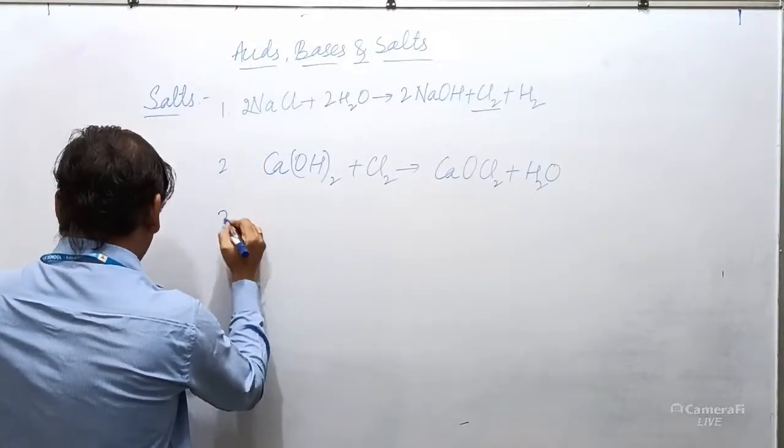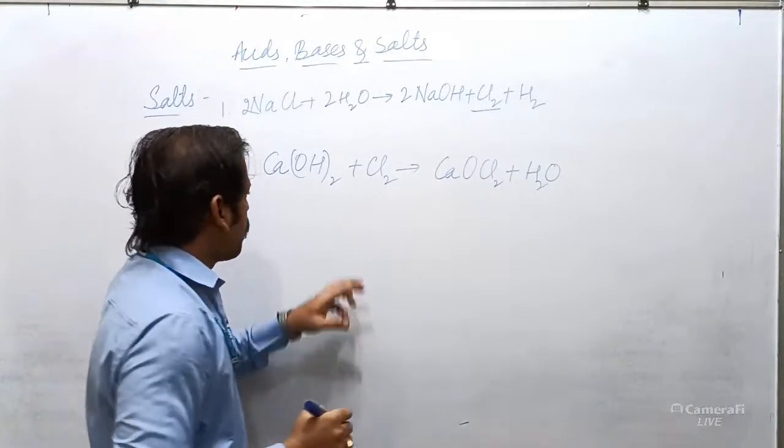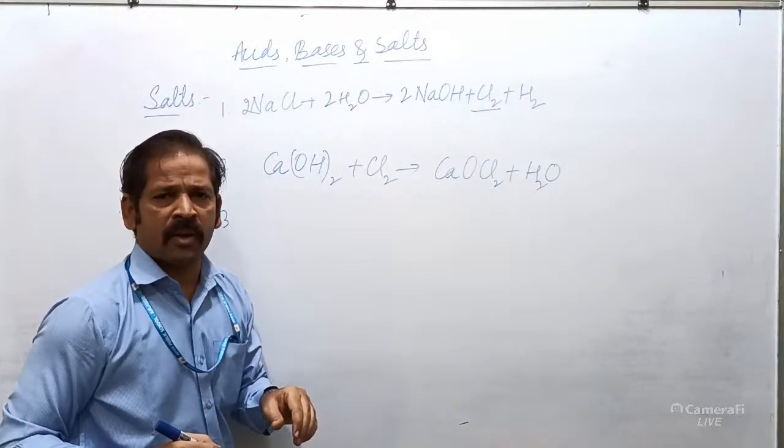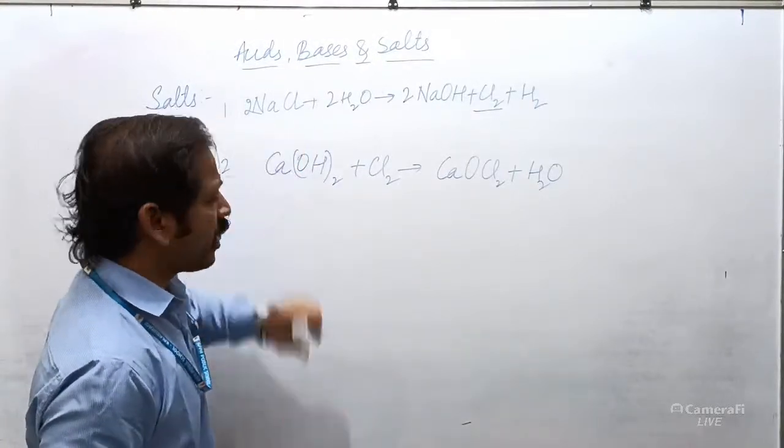The third chemical is baking soda. How is baking soda formed? Baking soda is formed with the help of, once again, sodium chloride.